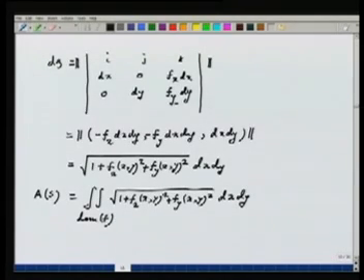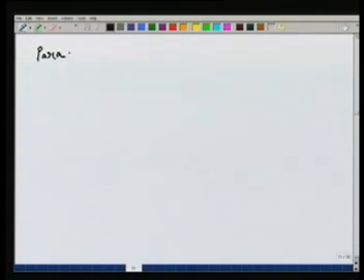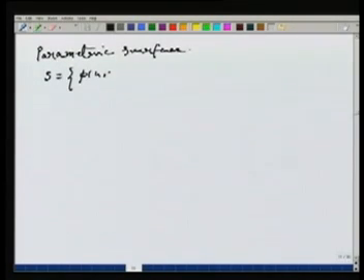Now, when I go to the genuine parametric representation of a surface, that is, it is not given by a graph, I can do the analogous, absolutely analogous analysis there, and in that case what I get is as follows. So, I have a map now phi, so it is a parametric surface. S equals phi uv, where uv belongs to some set D. Suppose this is the surface, I want to find the surface area of this surface.